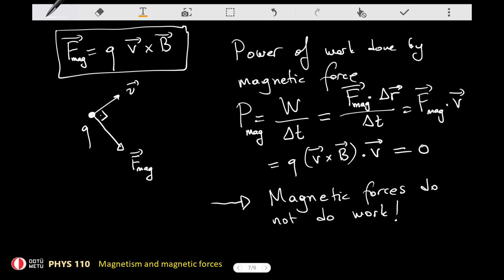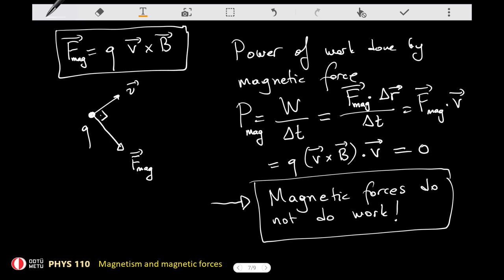That's strange, because we are going to talk about the energy of the magnetic field. We are going to say that just like the electric fields, the magnetic fields also have some energy. So they carry energy inside. And as a result, they can exchange energy with other things. But somehow, for some reason, the magnetic force does not exchange.